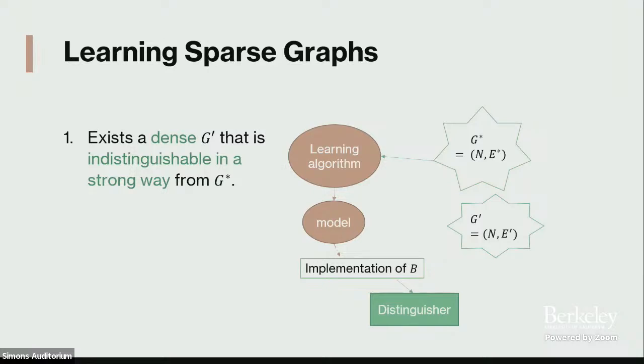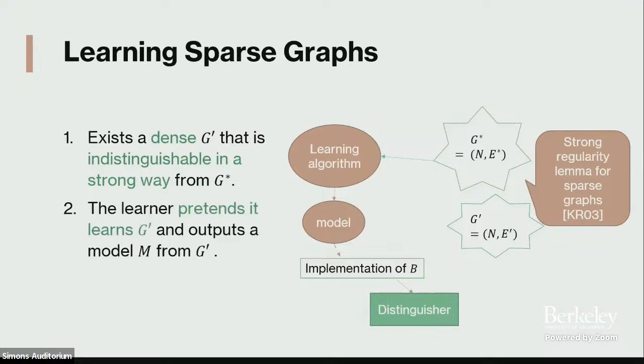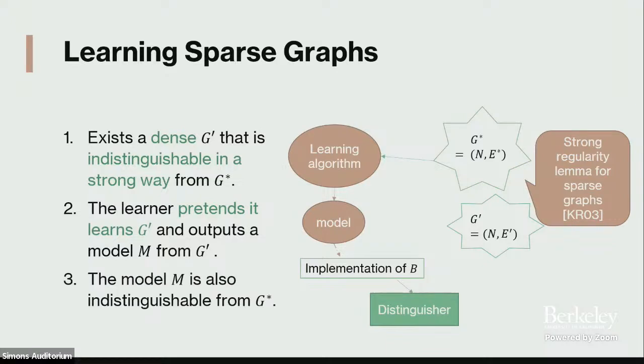This is indistinguishable not only with respect to a set of distinguishers, but for any cut, as in the strong regularity lemma for sparse graphs. We pretend that our algorithm has sample access to G prime and not to G, and we learn a model for G prime. Then we show that this model is also indistinguishable for our original graph G.